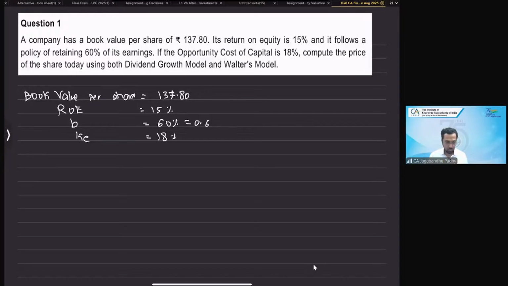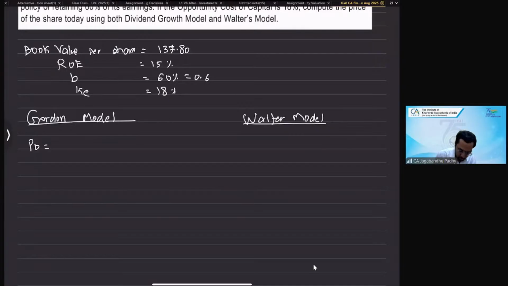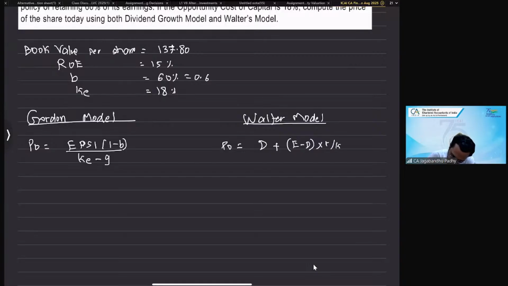Okay, so Gordon model and Walter model. I just write down both the models. You can simply substitute and get the answer. So Gordon model, the price is going to be calculated as EPS of first year into 1 minus B upon K minus G. Walter model, the price is dividend plus earnings minus dividend, multiplied by R upon K, the whole divided by K. Okay, so just try to calculate these two numbers.